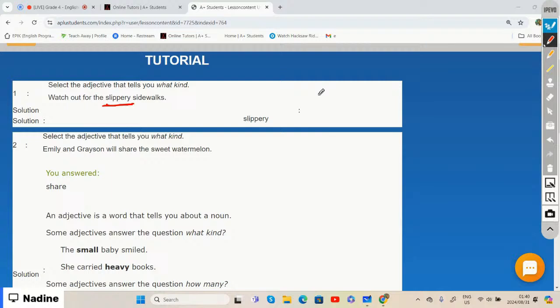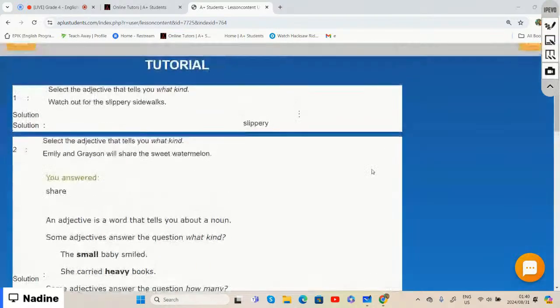All right, so we say Emily and Grayson will share the sweet watermelon. So now the question is, what kind of watermelon will they share? And then we can say they will share the sweet watermelon. So sweet is our adjective that describes the watermelon.